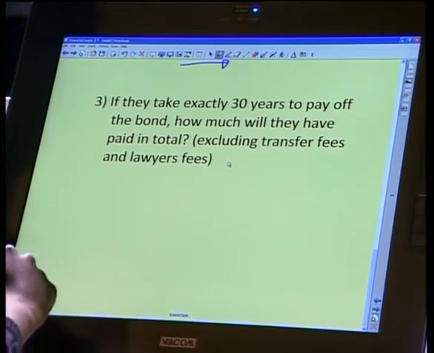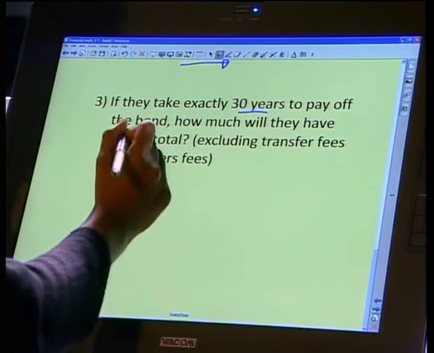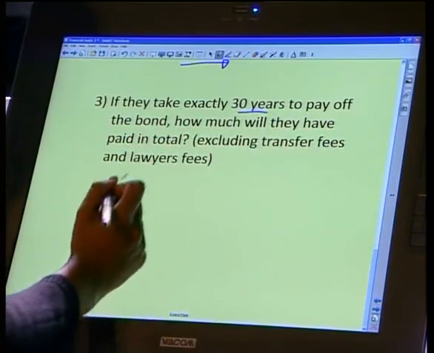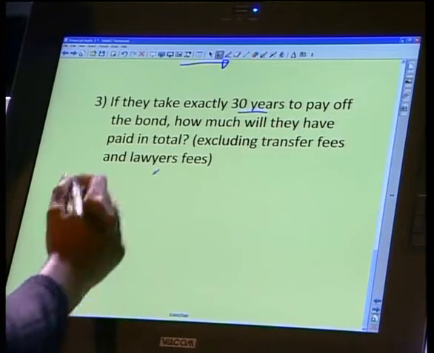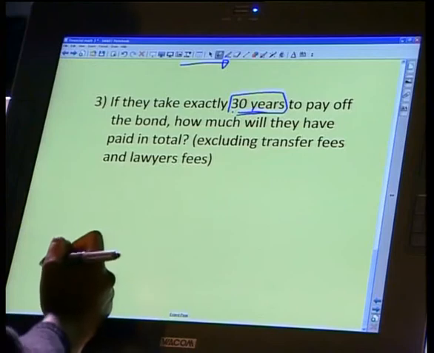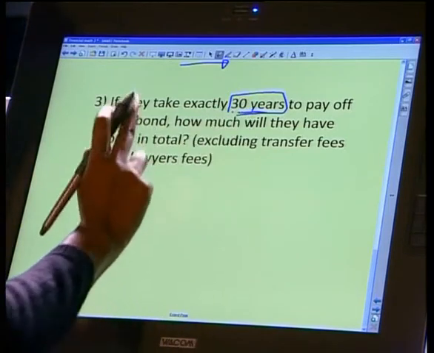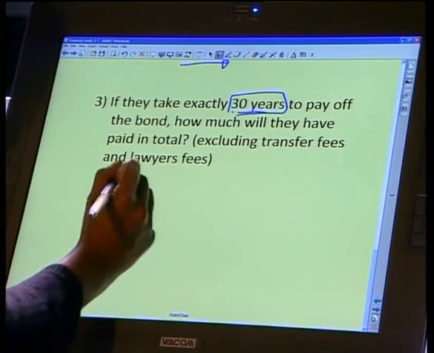Okay, the next part asks us if they take exactly 30 years to pay off the bond, how much will they have paid in total? Once again, we're excluding any extra fees here. So here you've got to be careful because we need to work out the total payment.